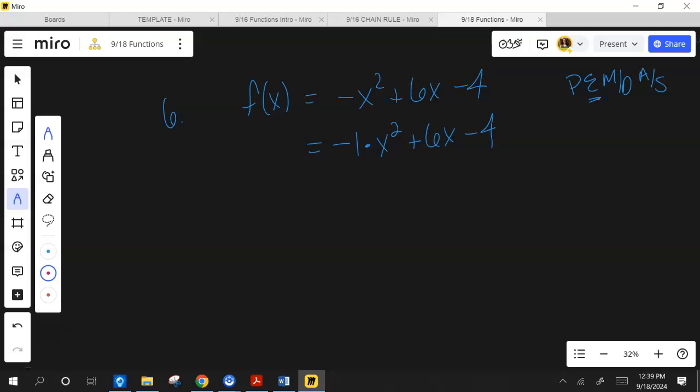Exponents. So that says that I have to do exponents first, and then I multiply by -1, okay? So be very, very, very careful. Because there's nothing there, there's an imaginary 1 in front. If you just had x squared, it would be an imaginary +1, but because there's a negative there, it's a -1.